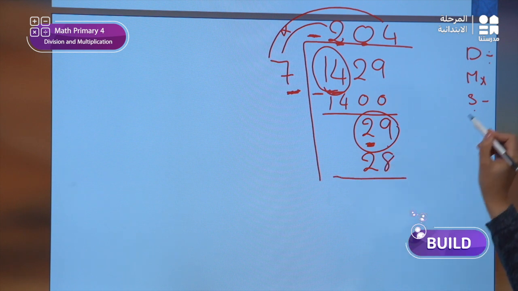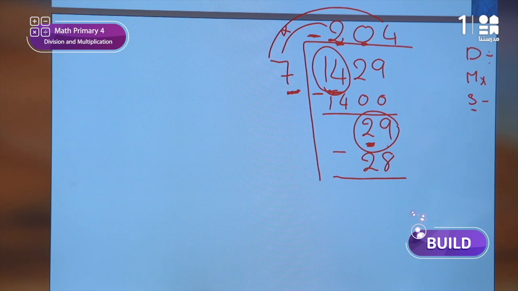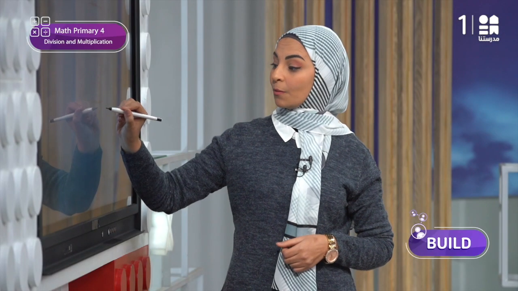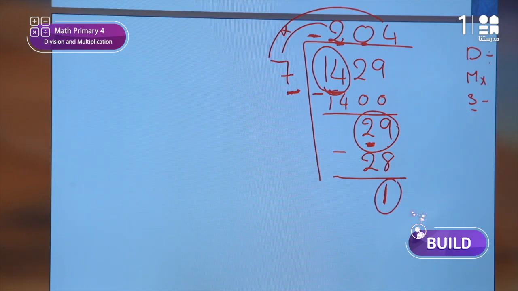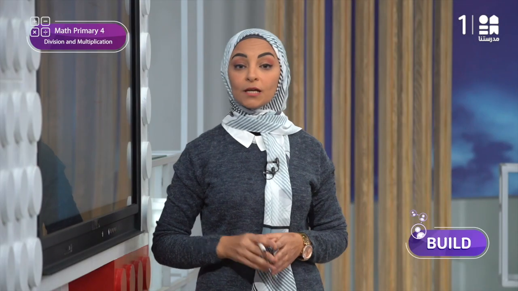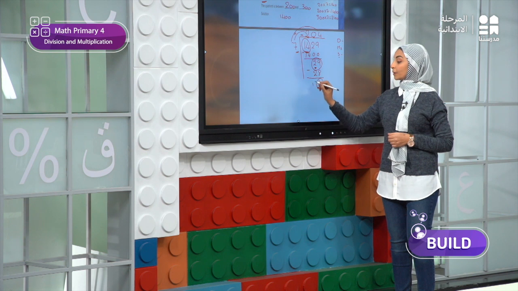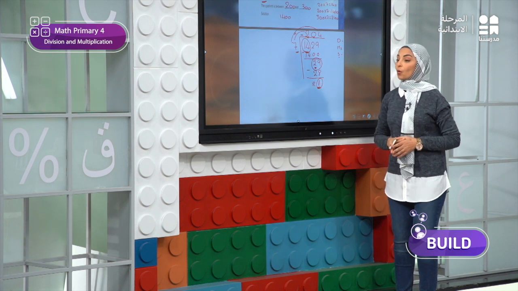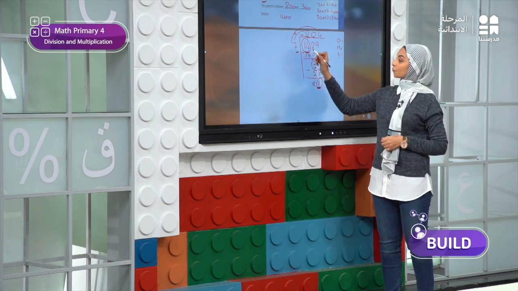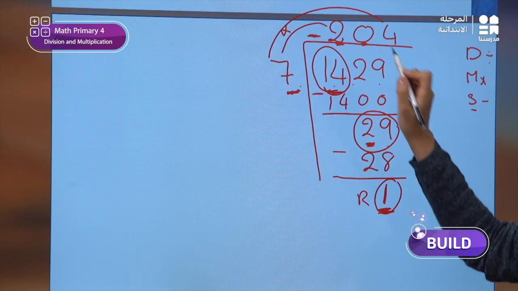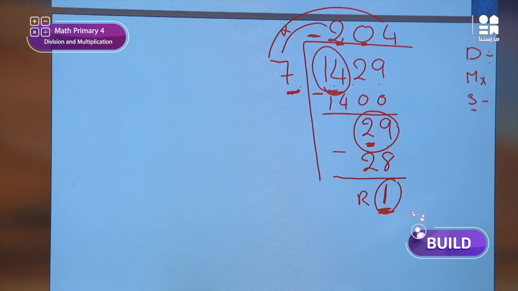The last step is subtraction. 29 minus 28 gives me 1. As you see here, 1 is less than 7, so 1 is my remainder, right? So 1429 divided by 7, the answer is 204, and the remainder is 1.